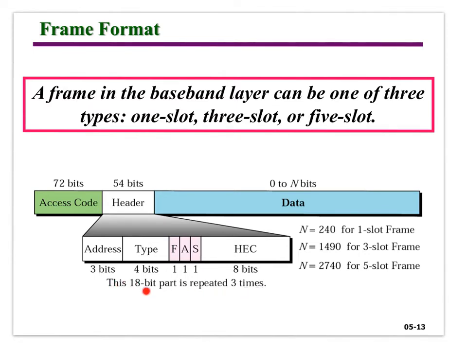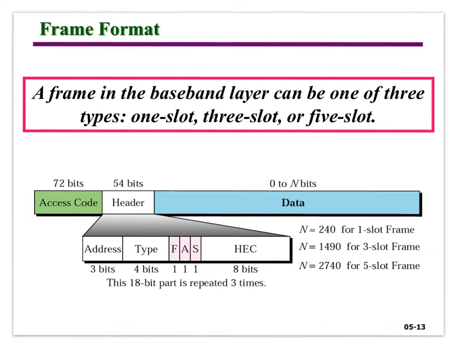The other thing is that here we say that this 18-bit header structure is repeated 3 times. So one frame will have 3 repeated headers. The reason for this is that because we're using forward error correction, sometimes the error is in the header itself.